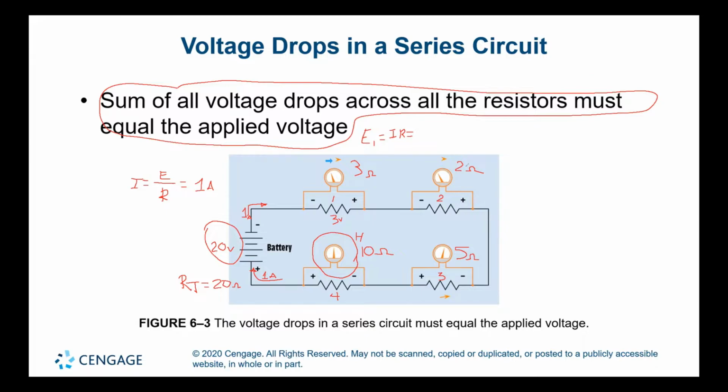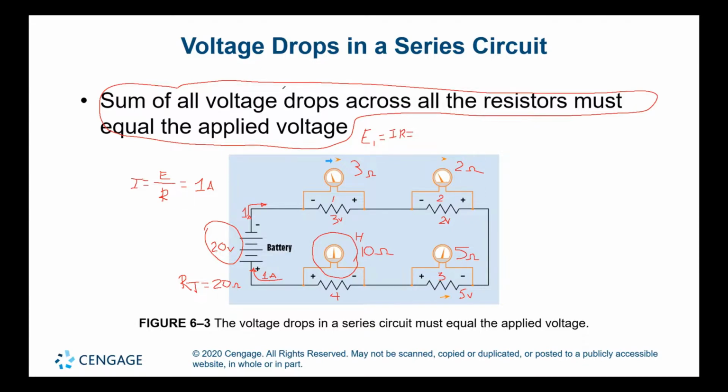Here is going to be the same equation, 1 times 2. Here we have 2 volts. Here on this one, we have 5 ohms, 5 times 1, that's going to be 5 volts. And on the last one, then we are going to have 10 volts.